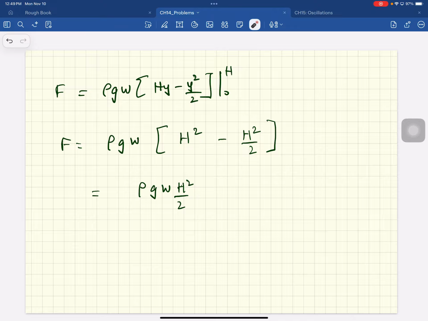All right, so that is the expression. Now let's write it so that this makes a little more sense to us. So this is rho g, width times h is the area of the wall, times h by 2.